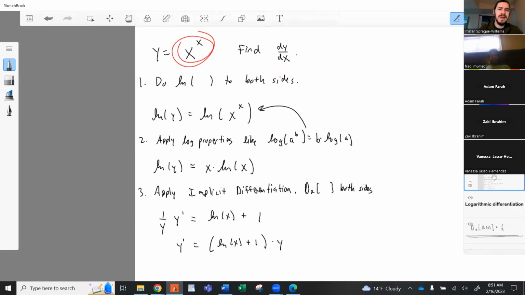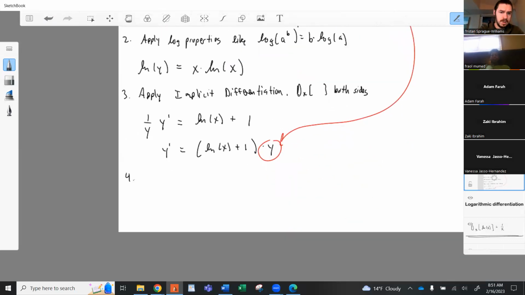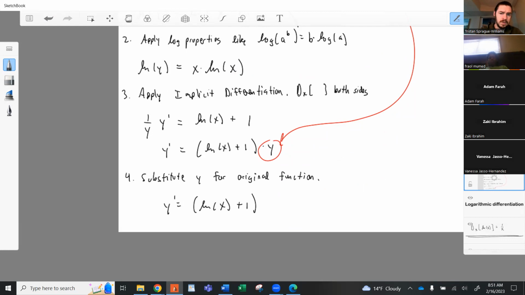So we're going to apply this original equation to actually replace y with x to the power x. So you substitute the original function in for y and get times x to the power x right there. And that is our derivative.